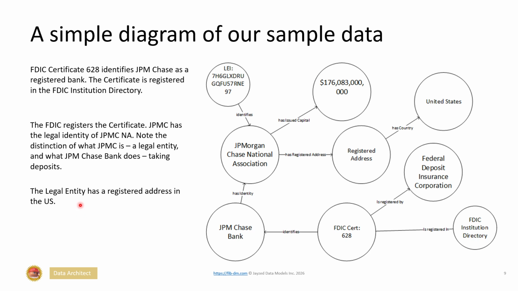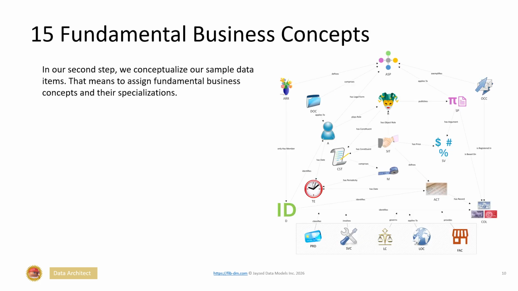The legal entity has a registered address in the United States, and JPMC NA has a legal entity identifier, an LEI. And the corporation has 176 billion in issued capital. Yeah, and you should all remember the 15 fundamental concepts from our Semantics for Finance users class.